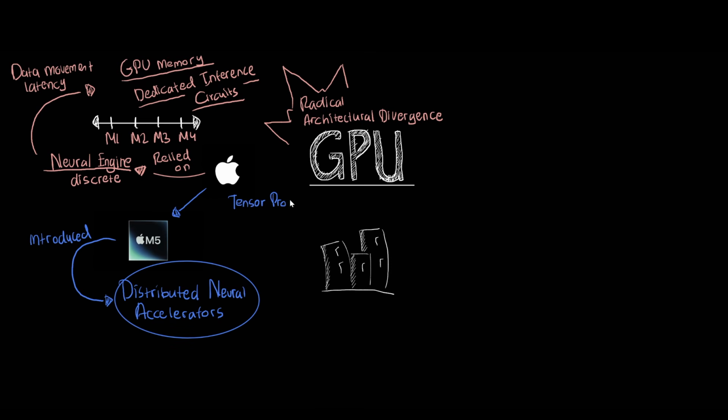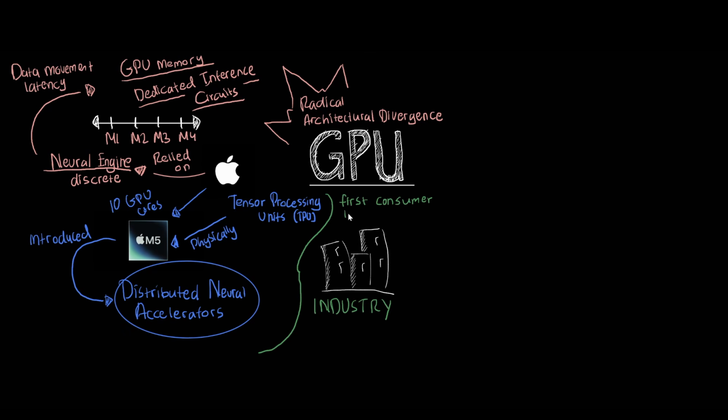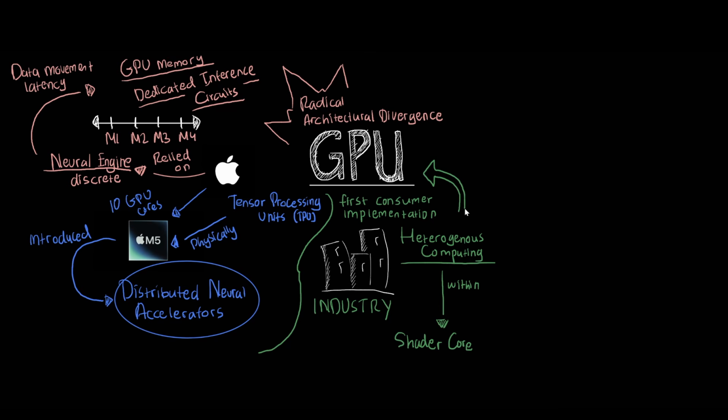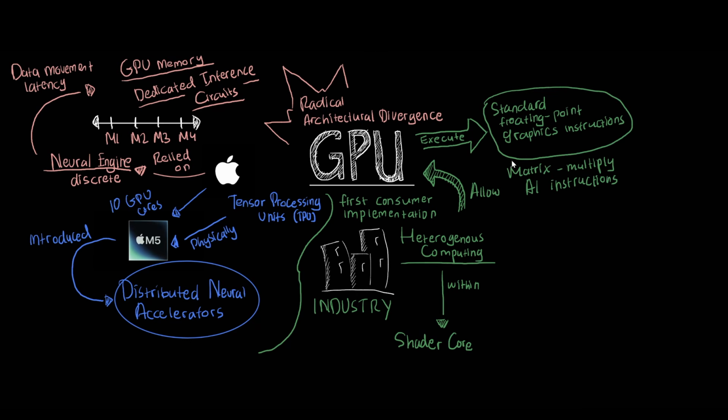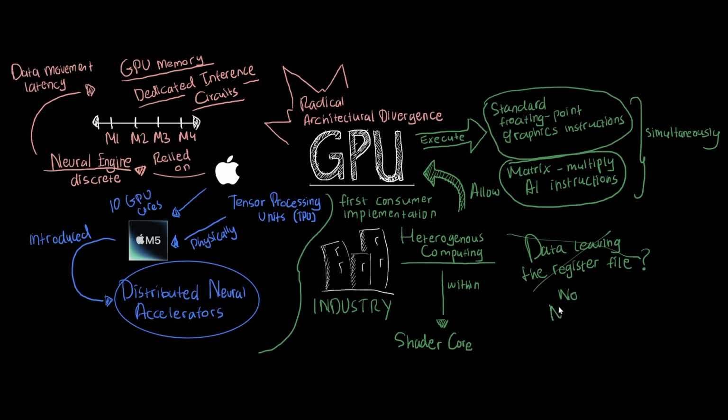They physically embedded dedicated tensor processing units directly inside the datapath of all 10 GPU cores. This is the industry's first consumer implementation of heterogeneous compute within the shader core itself. It allows the GPU to execute standard floating point graphics instructions and matrix multiply AI instructions simultaneously, without the data ever leaving the local register file.